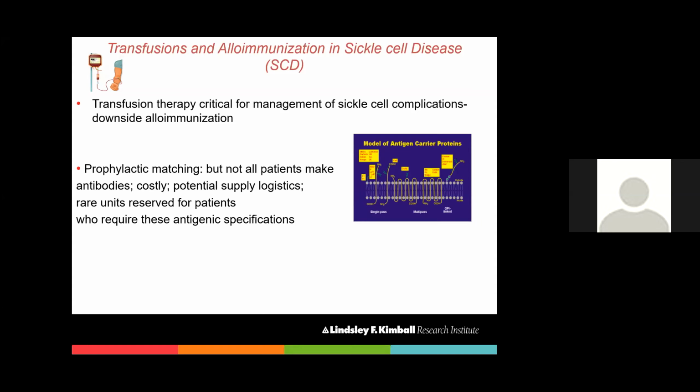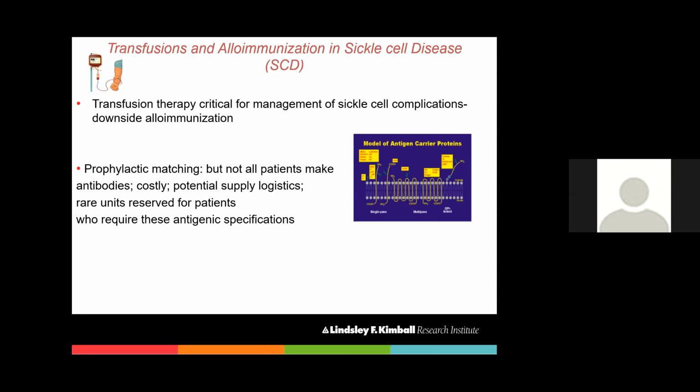Of course, to prevent alloimmunization, it would be best to do prophylactic matching. However, the argument against it is that not all patients make alloantibodies when they're transfused. The highest estimate is about 50%, which is a lot of patients, but the other 50% don't.